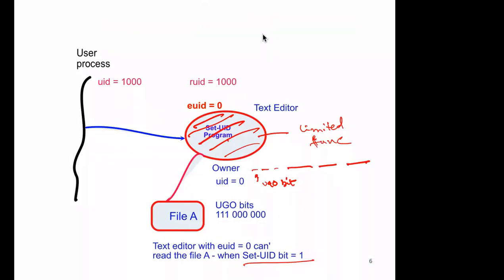When a user process uses this program, because you can use any program, the real user ID remains the earlier one, but the effective ID that is used for access control becomes that of the owner. So now the effective user ID for this program becomes 0, which is root. Now when this program accesses the file, it is allowed, because only root is allowed. Did you get the concept? Does anyone have confusion?